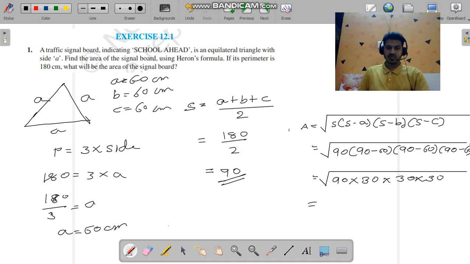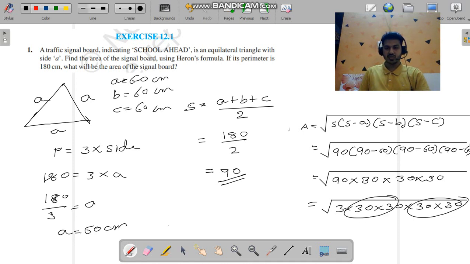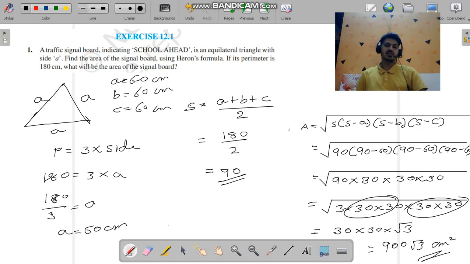Split this 90 into 2 parts, so it will be 3 multiply 30, then bring down the rest of the numbers, 30 multiply 30 multiply 30. You can see that this 30 and this 30 are in pair, so bring them out of the root, so it will be 30 multiply 30 and one number will stay in the root as it is not in pair. Now 30 multiply 30 is 900 root 3 centimeter square. This is the area of the equilateral triangle.